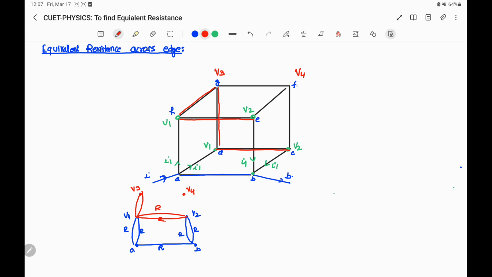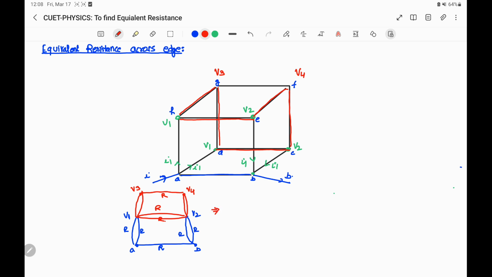Similarly, from the point of potential V4, there are two resistors which are connected to the same potential V2, so these two resistors are in parallel. And between G and F, there is a resistance R. So this is effectively the net equivalent circuit of the given cube.